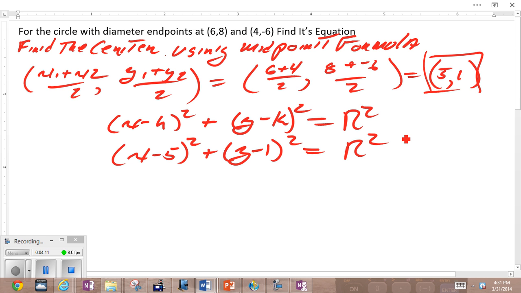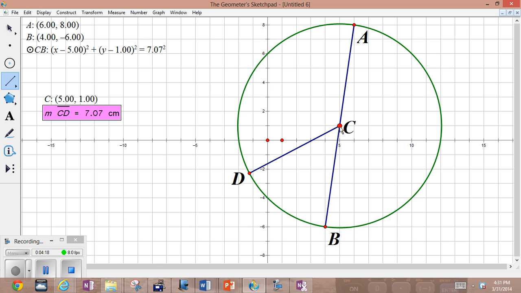There are actually two ways in which we can find the radius. Let's go back to our sketch and take a look. Our radius is from the center out to any point on the circle, right?